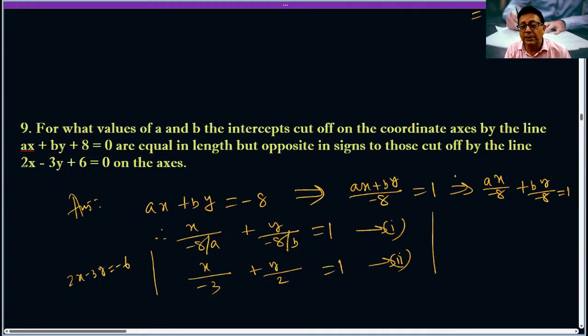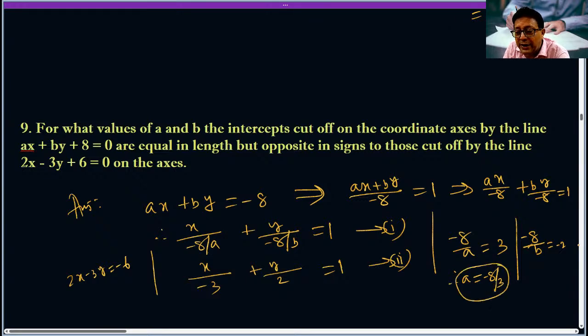Now, according to the problem, minus 8 by a equals 3, because it is given, no? They are of opposite signs, so minus 2. So a is minus 8 by 3 and b is 4.